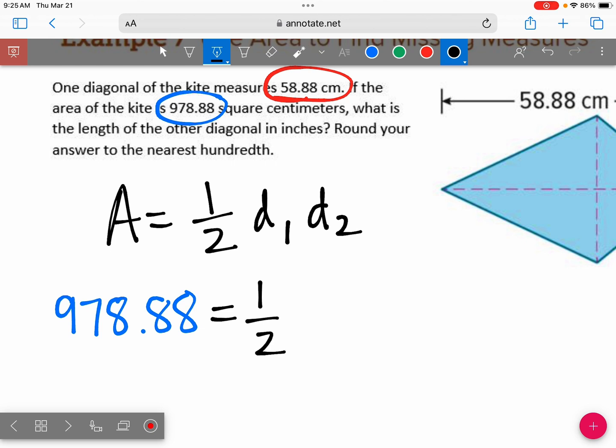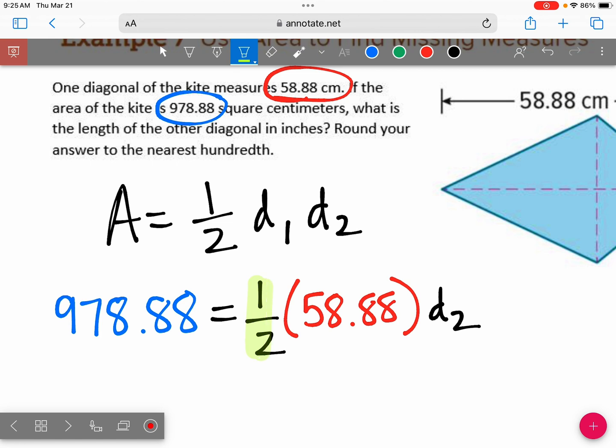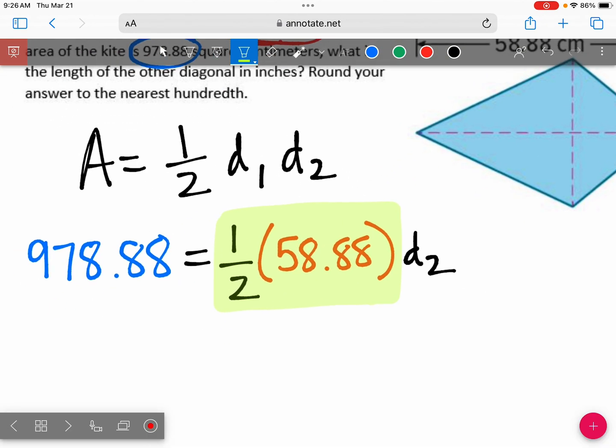That equals 1/2 of diagonal 1, which is 58.88, times diagonal 2. So the first thing you want to do is go ahead and figure out what this number is. Pick up your calculator. Take 1/2 of 58.88. So take 58.88 and divide that by 2.